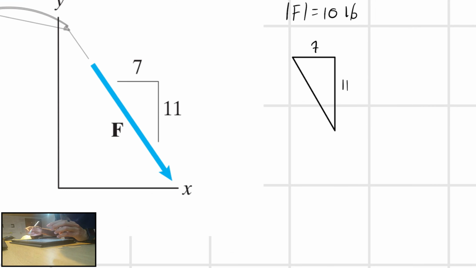As you can see, the resultant vector is going to be this one. Why is that? Because I want it to be pointing in the same direction as F. F is this direction, which means I want this to be in this direction as well. Why do I want it that way?